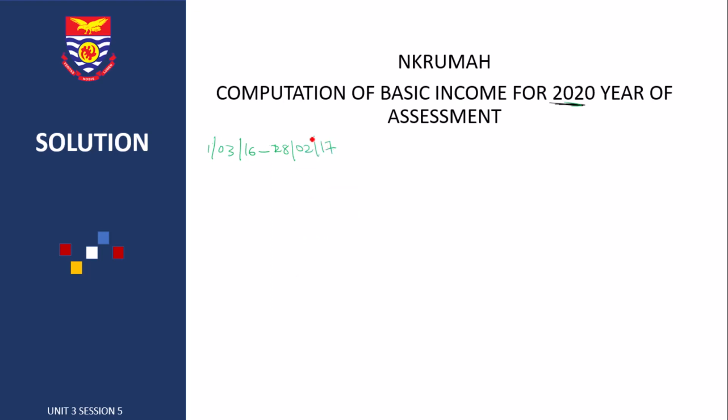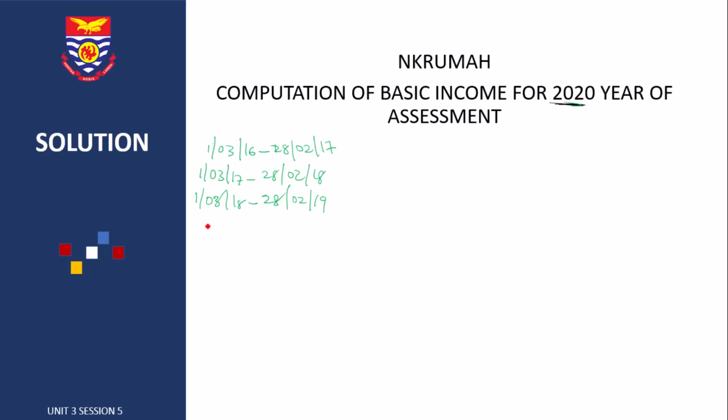2017. Then we have 1st March 2017 to 28th February 2018. 1st March 2018 to 28th February 2019. In tax, we use 365 days.